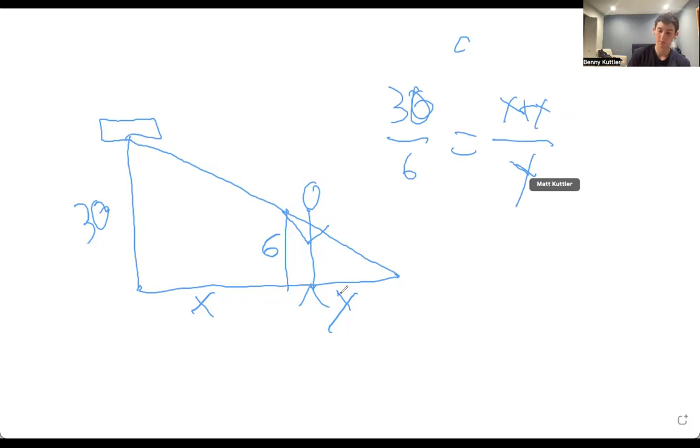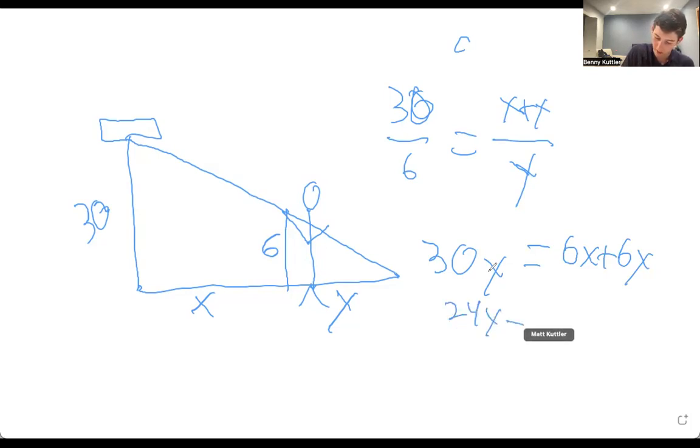And now if we clean this up by getting rid of the fractions, we multiply both sides by 6y. We have 30y equals 6x plus 6y. And then we can take this 6y and bring it to the other side, and we have 24y equals 6x.